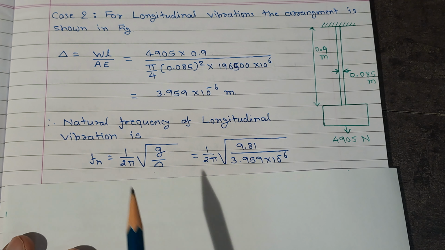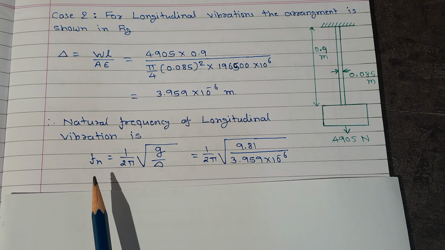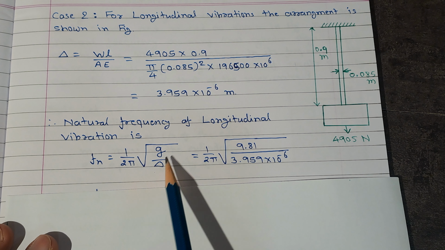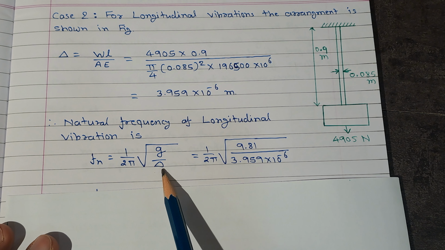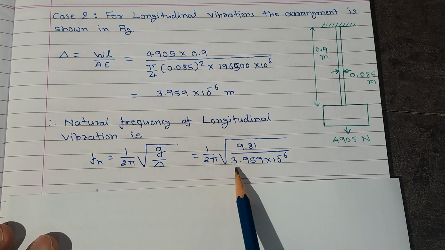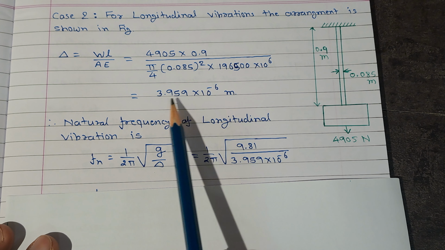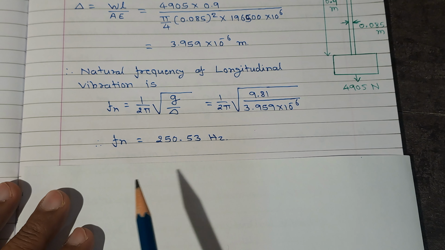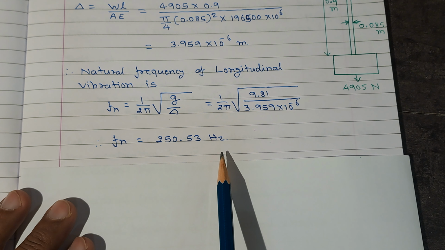Now we know the natural frequency of longitudinal vibration is given by the relation Fn is equal to 1 upon 2 pi under root g upon delta. Substituting the value of g, 9.81, and delta, 3.959 into 10 raised to minus 6, which we have just calculated, on calculation we found the frequency is equal to 250.53 Hertz.